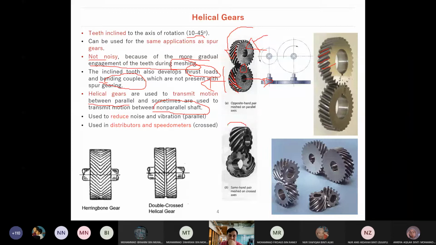This is an example for the non-parallel shaft. Okay, I erase it again. What else? This is a non-intersecting shaft.